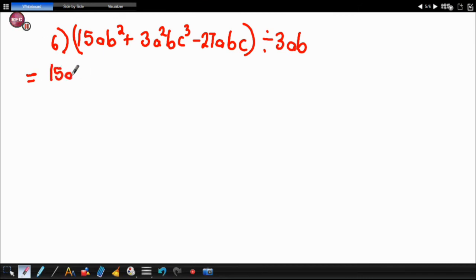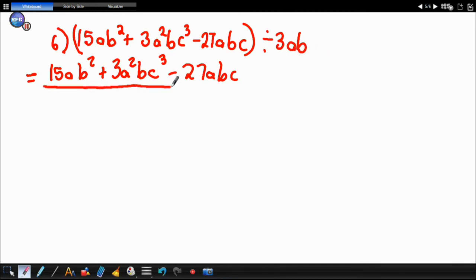You have 15ab squared plus 3a squared bc cubed minus 27abc, all divided by 3ab. Now this will help me to say each term in the numerator will take its own denominator.